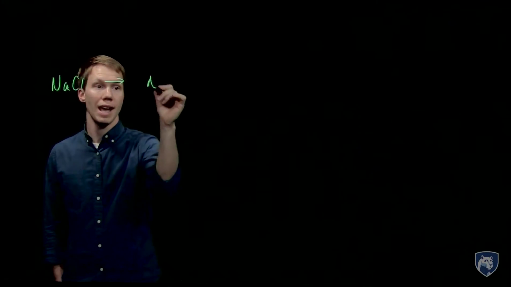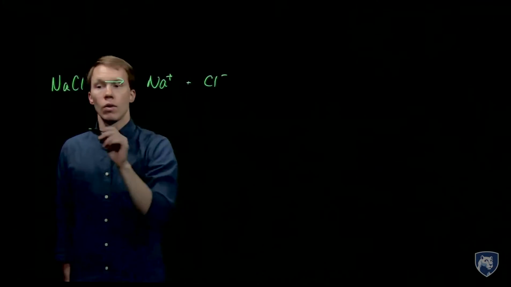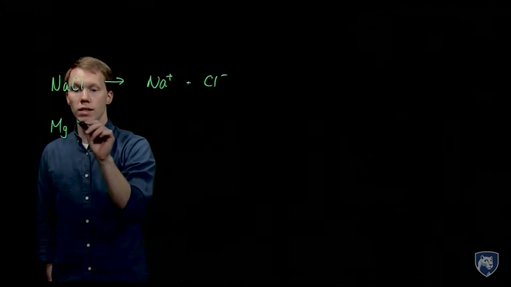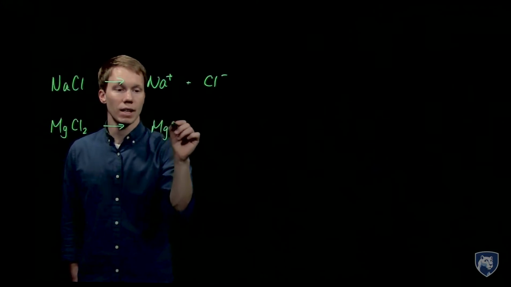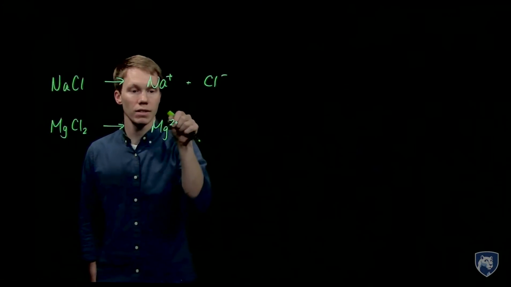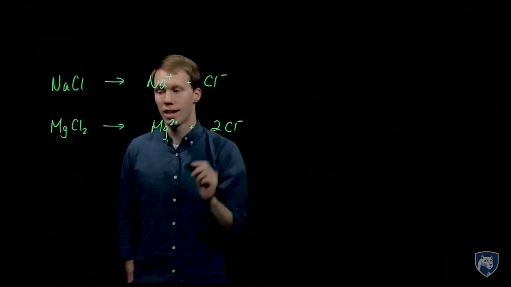So if we have sodium chloride producing Na plus and Cl minus, we can compare that to MgCl2, which would produce magnesium 2 plus ions and 2 Cl minus ions.